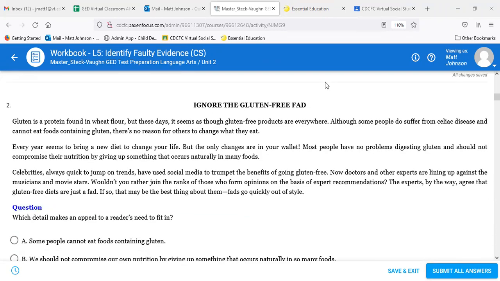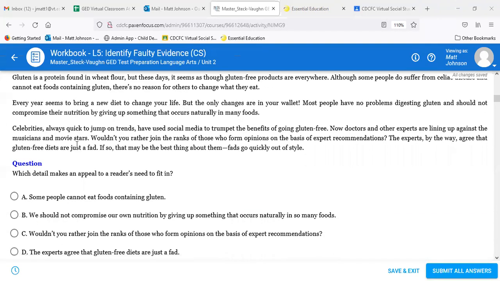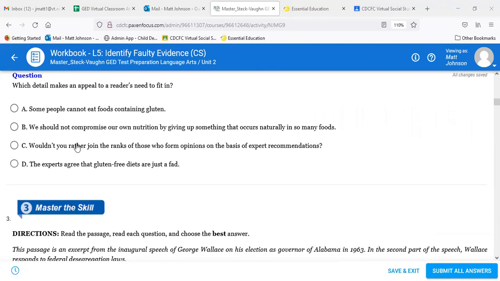Let's go to Sasha Gay. How about reading question 2 for us? Which detail makes an appeal so our readers need to fit in? A, some people cannot eat foods containing gluten. B, we should not compromise our own nutrition by giving up something that occurs naturally in so many foods. And C, wouldn't you rather join the ranks of those who form opinions on the basis of expert recommendations?